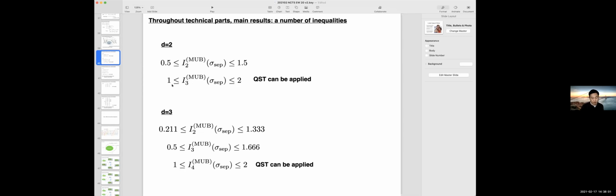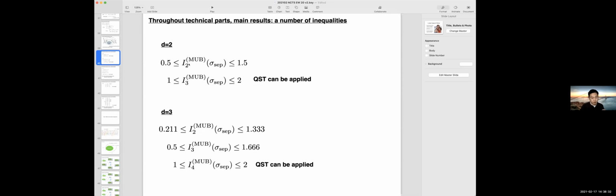One is the lower bound, and 2 is the upper bound for all separable states. And violation of that detects entangled states. And if we apply fewer MUBs, say 2 MUBs, then we have 0.5 as the lower bound and 1.5 as the upper bound. So all these bounds are satisfied by all separable states, and violation of them detects entangled states. And here you see the lower bound is not so tight, and here also not so tight.